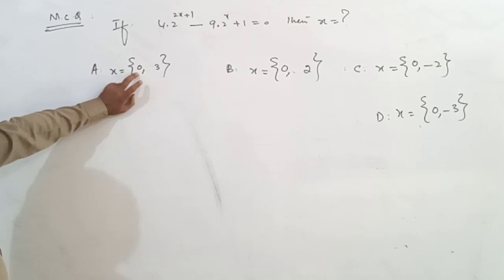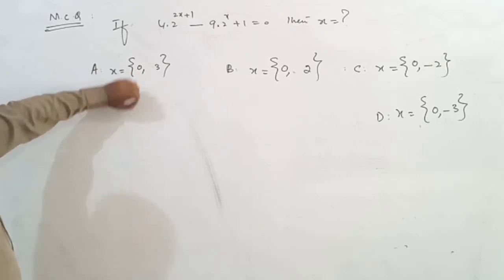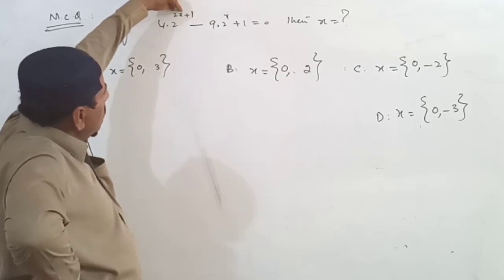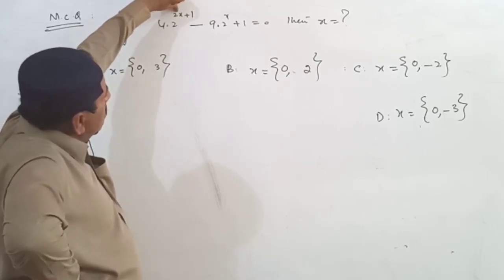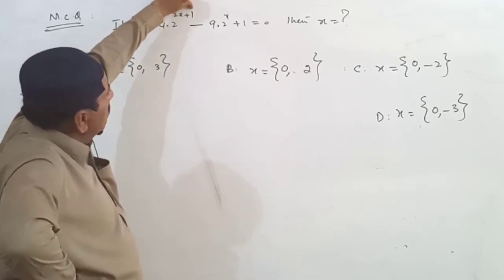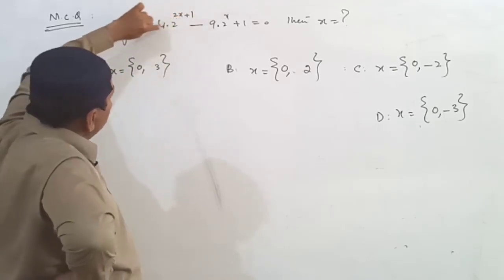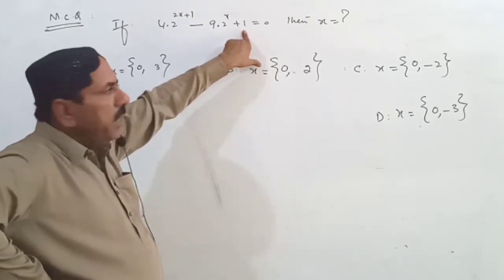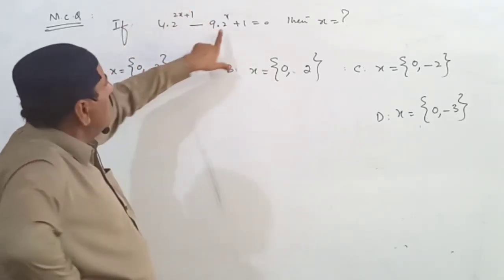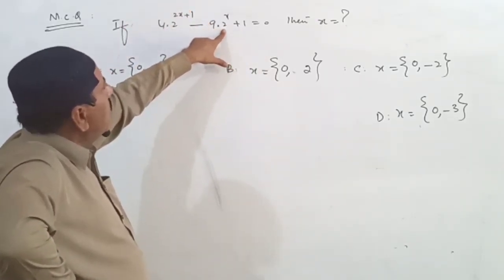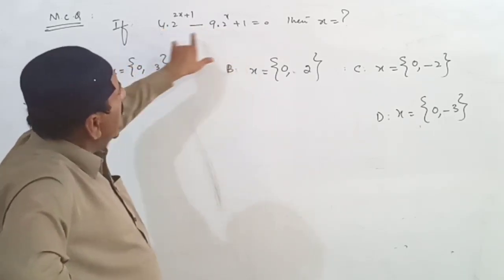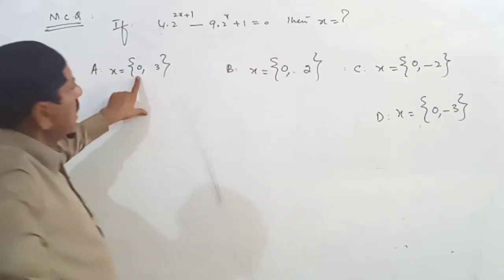If x is equal to 0, then we substitute 0 here: 2 power 0, 2 into 0 is 0, 0 plus 1, 1, 2 power 1 means 2, 2 into 4, 8, 8 plus 1, 9. 2 power 0 is 1, 1 into 9 minus 9. So 8 plus 1, 9 minus 9, 0. So 0 is the correct answer.